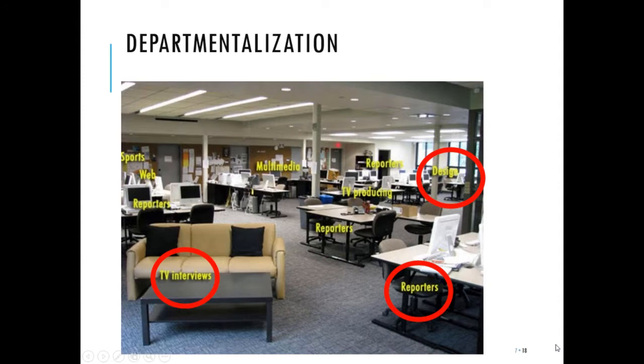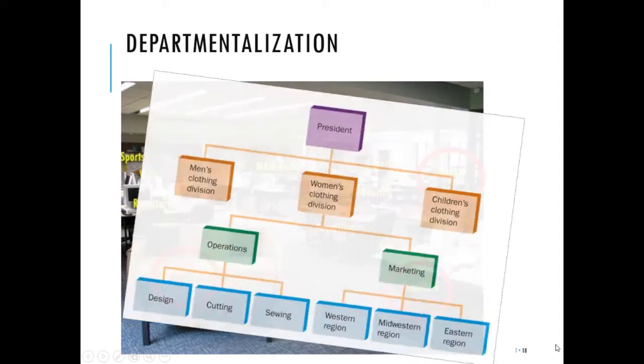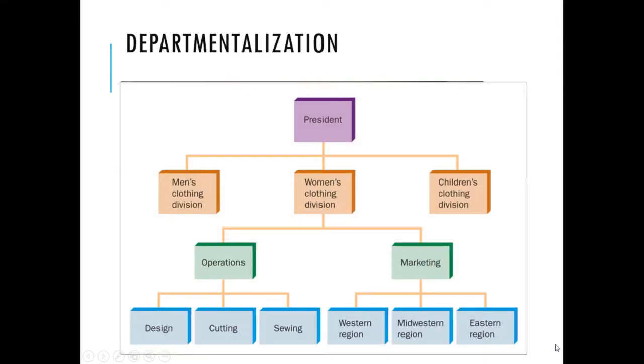As we will see, departments are commonly organized by function, product, geographic region, or customers. Most companies use more than one departmentalization plan to enhance productivity. For instance, fashion companies have departments such as men's clothing, women's clothing, children's clothing, and also have departments dealing with different functions and geography.